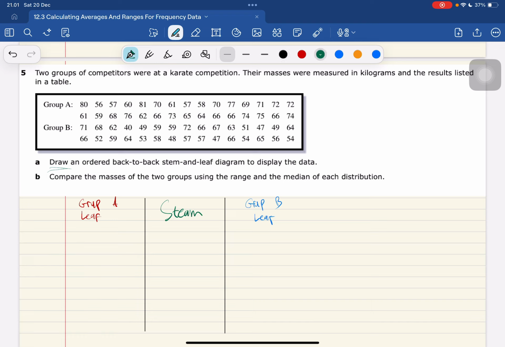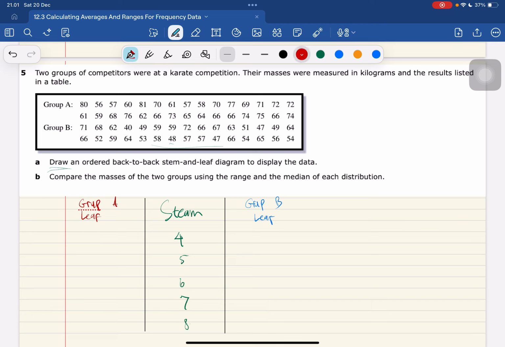We can see from the numbers the smallest number from group A. Here we find it, the 40s. So we write 4, it's the 40s, and then 5, 6, 7, and 8.